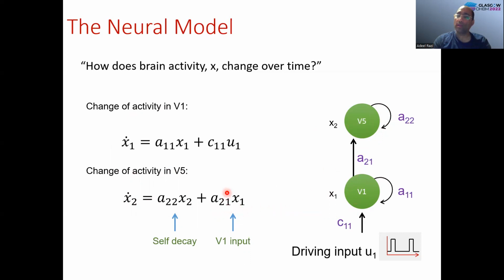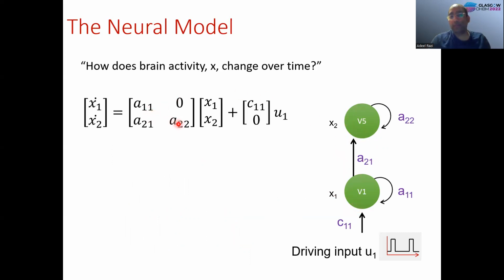You write it in a similar way, but now this would be A21, the connection going from V1 to V5, times X1. So the first part is the self-decay, and then the V1 input. This is how we write these two equations, each describing the change in activity in those brain regions.